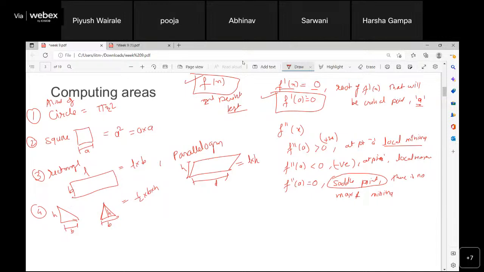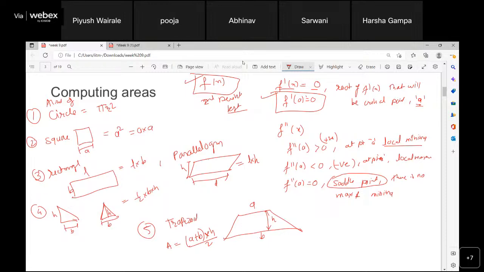Now the last shape is the trapezoid. Suppose I have this trapezoid, this is my A, this is my B, and this is my height h. What is the area of a trapezoid? Half into A plus B into H. Yeah, so A plus B into H upon 2. This is my area of trapezoid.